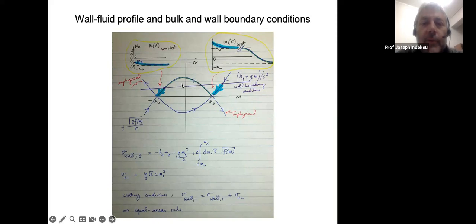Then of course, these two intersections here will approach one another. When the straight line becomes tangent to the parabola, we will actually lose those two extrema. The local minimum corresponding to the non-wet state will have coalesced with the local maximum, and the solution will have disappeared. So we have reached what is called the metastability limit of the non-wet state.